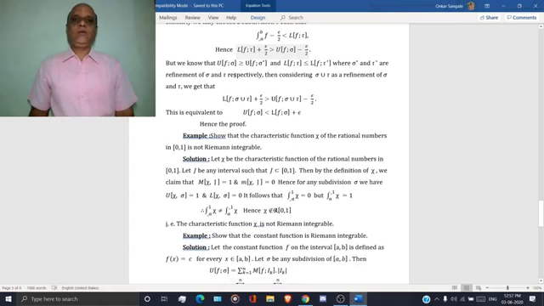Then by the usual relation we get that the lower sum for f corresponding to subdivision tau plus epsilon by 2 is greater than the upper sum for f corresponding to sigma minus epsilon by 2. But we know that the upper sum for f corresponding to subdivision sigma is greater than or equal to the upper sum for f corresponding to subdivision sigma star.